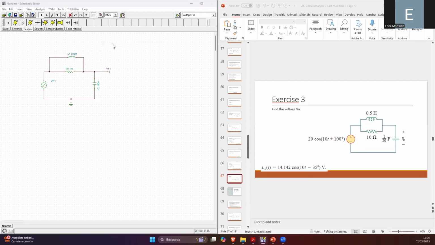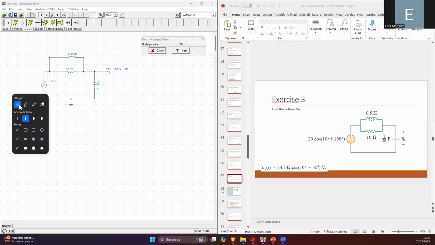You click on that, and you can see that here we have the value of the voltage in the capacitor that is equal to the voltage V sub 0 in the original diagram. The result that we obtain is a voltage phasor with a magnitude of 14.14 and a phase angle of -35 degrees. We can express this phasor in the time domain as follows.